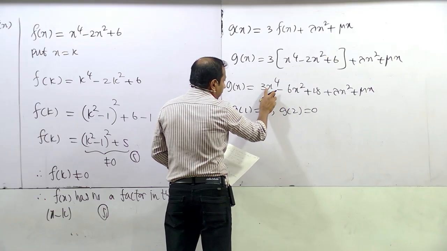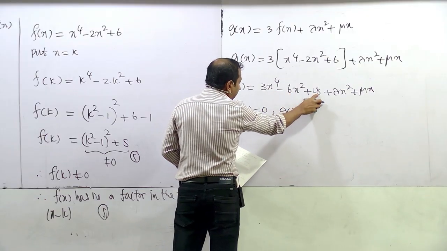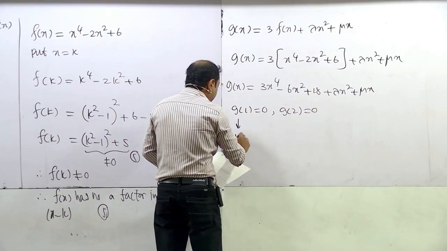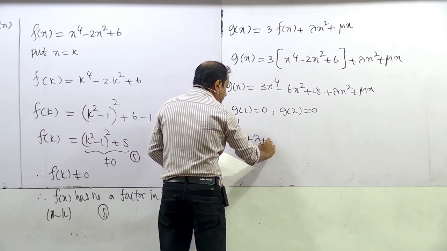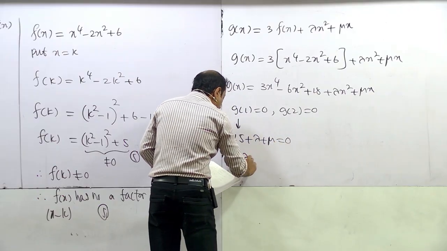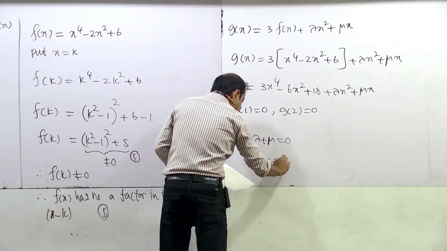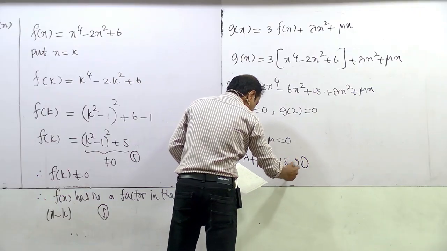Here 3 minus 6 plus 18 is 15, so lambda plus mu should be equal to 0, giving lambda plus mu equals minus 15. Number 1.